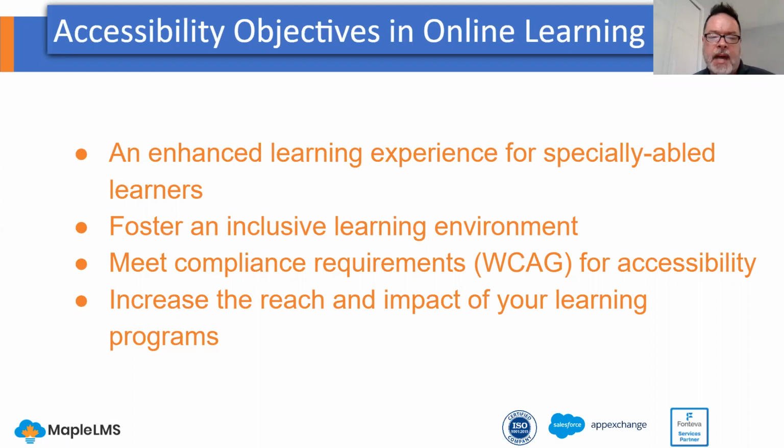We're allowing them to access all materials. We're ensuring they can navigate the learning environment with ease. We're promoting inclusivity that we discussed earlier. We ensure that accessibility accommodations support all with differing abilities to ensure success.